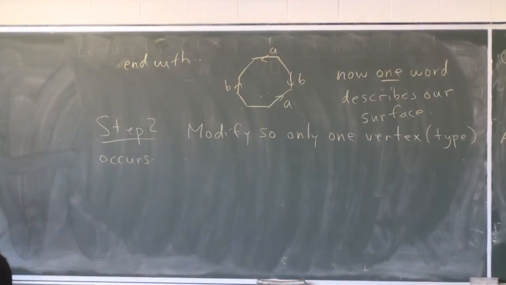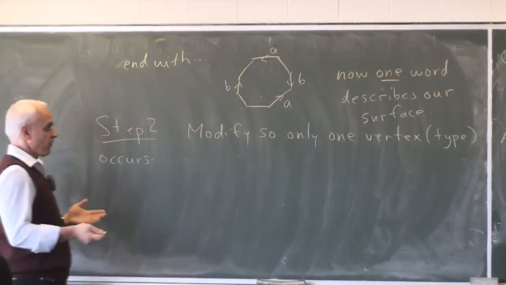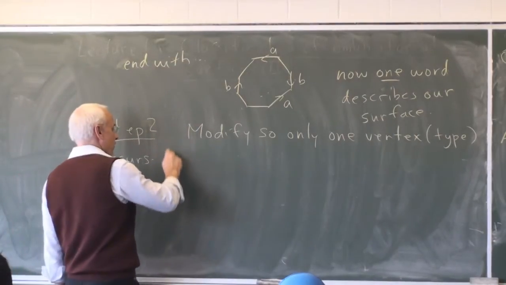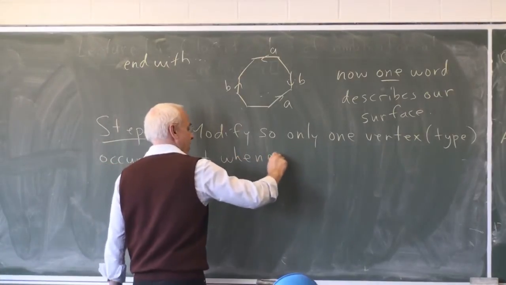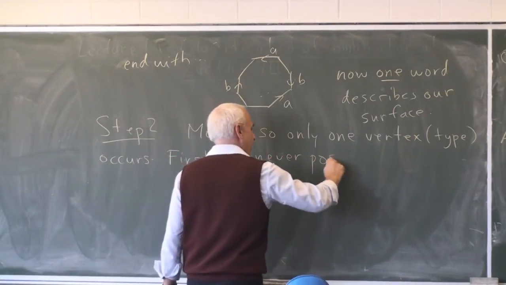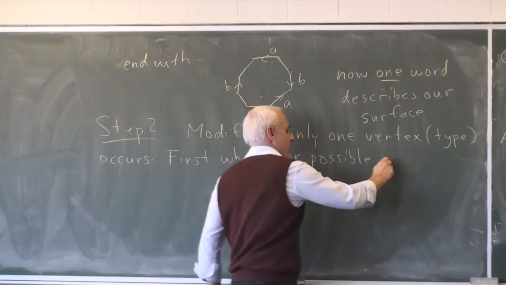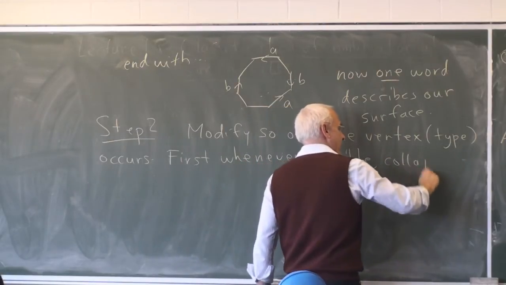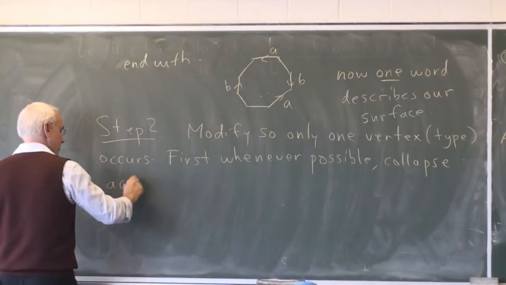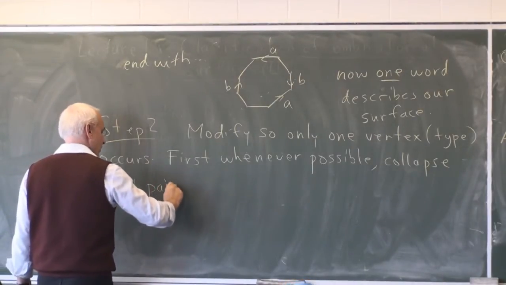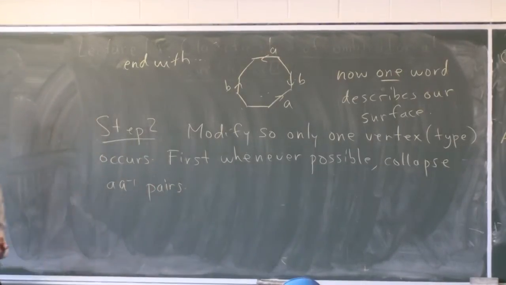All right, so what does this modification involve? Well, it involves, first of all, collapsing. So first, whenever possible, collapse an A A-inverse pair.